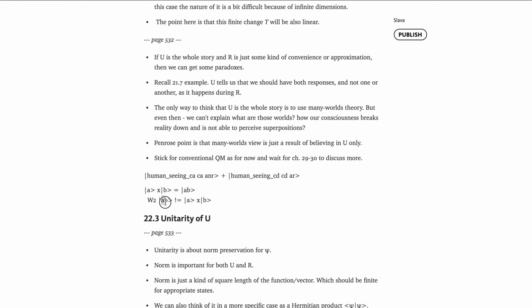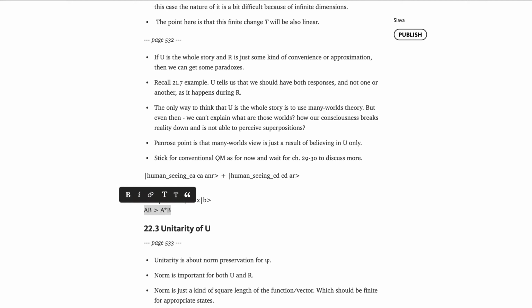Those richer spaces have non-trivial states which could not be described in terms of the previous systems. So basically, the AB system is greater than A multiplied by B or something. So entanglement gives us more powerful systems.